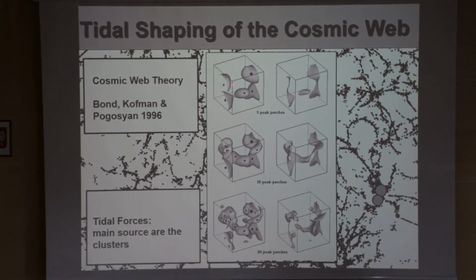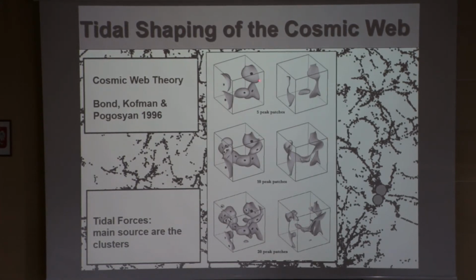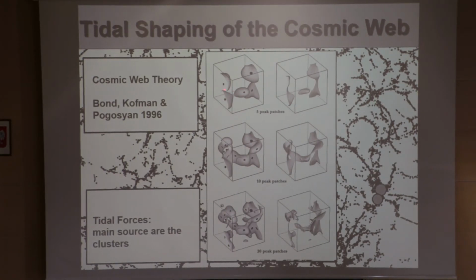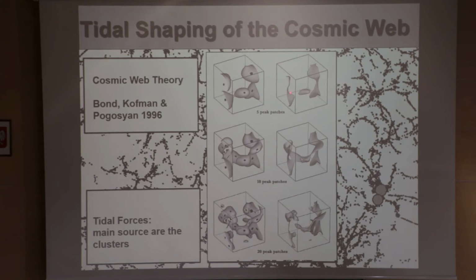So what they showed is that when you lay down, for example, here at these black spots, the most massive clusters, you could calculate the tidal force field due to these clusters, and then calculate what mass distribution comes out of this. When you only have 5, you don't see much of an emerging network.